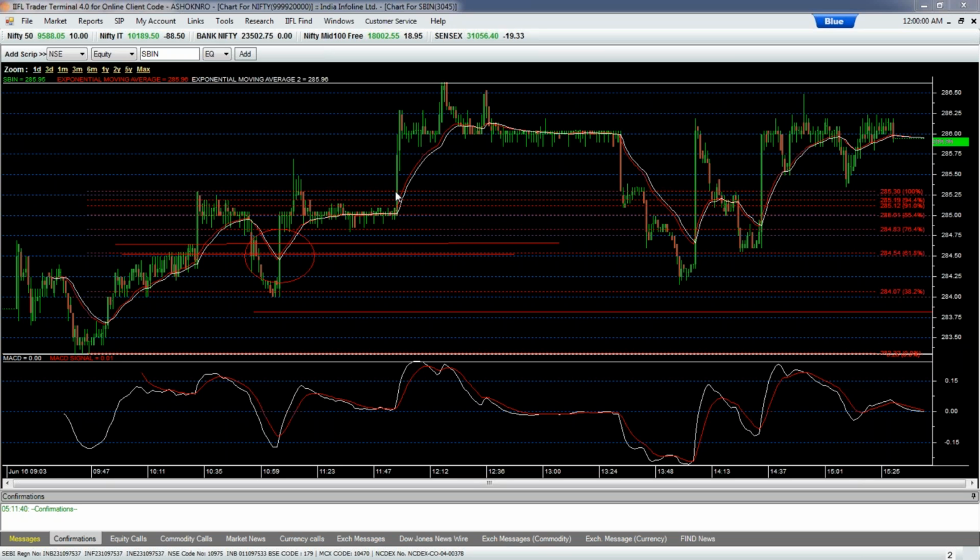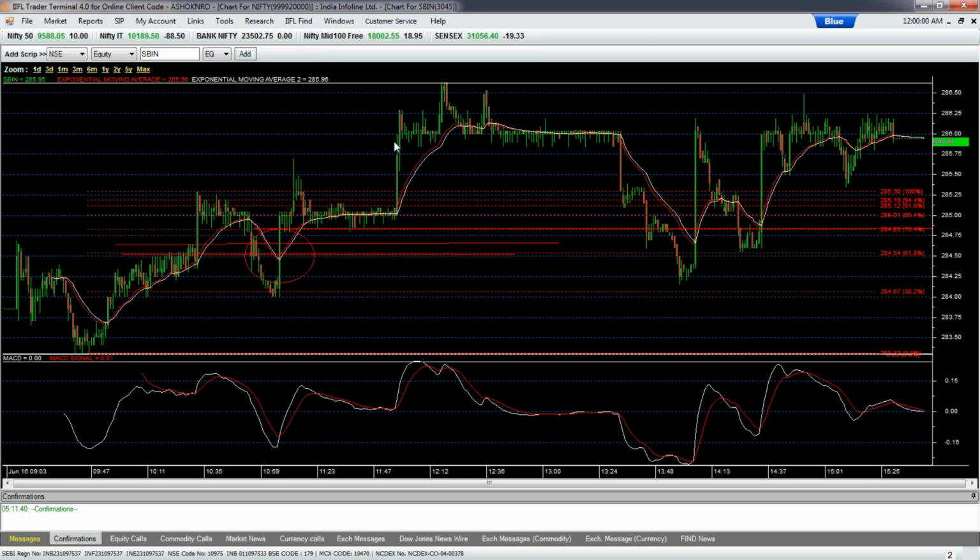This makes a breach. After this, we will move our stop loss to the level where we have bought it, and after this we see that the market moved to the level of 286.25.